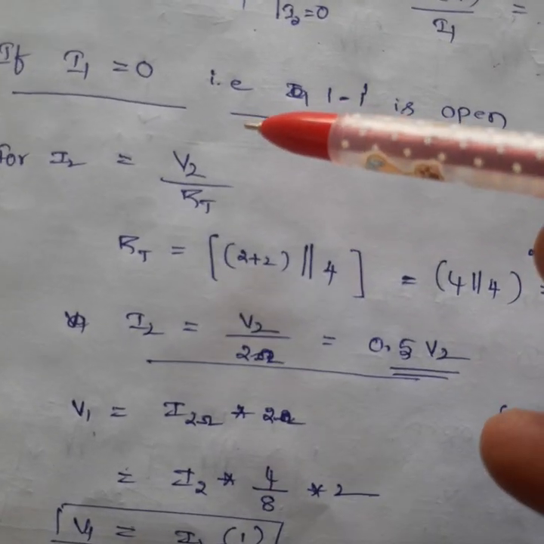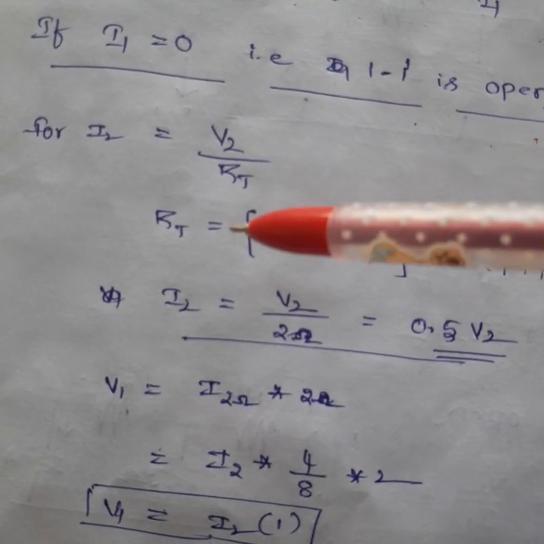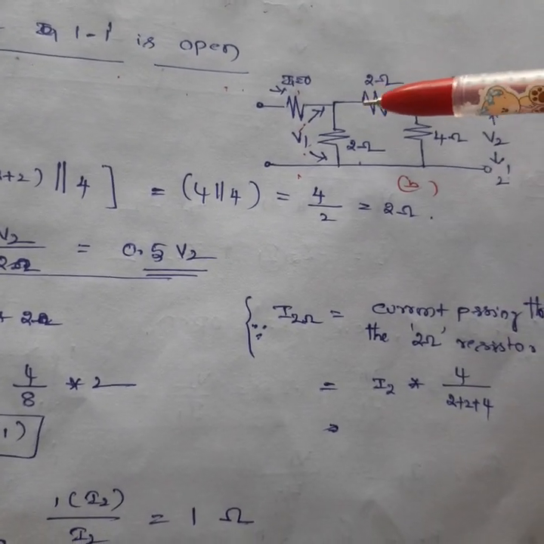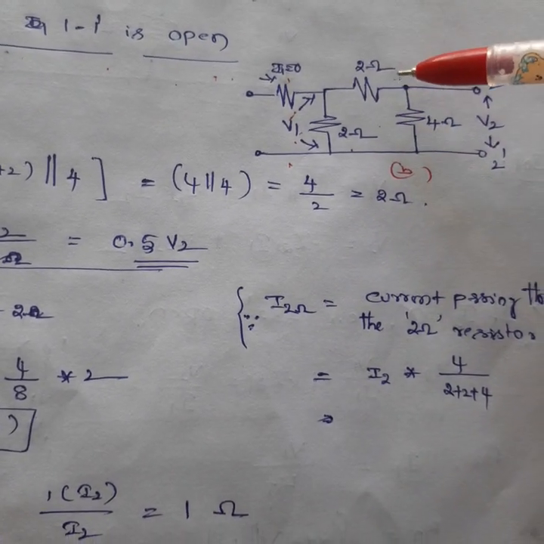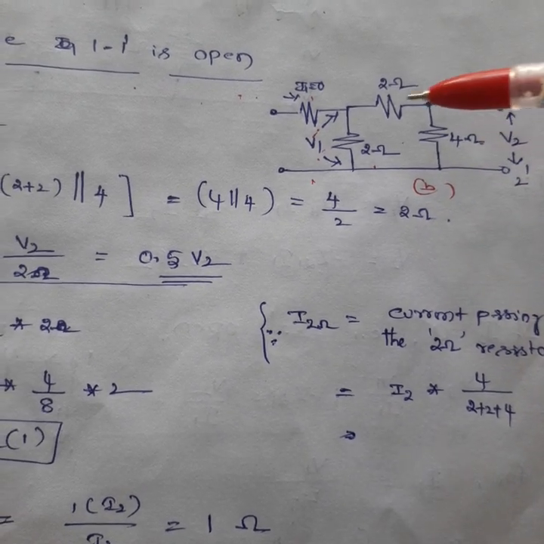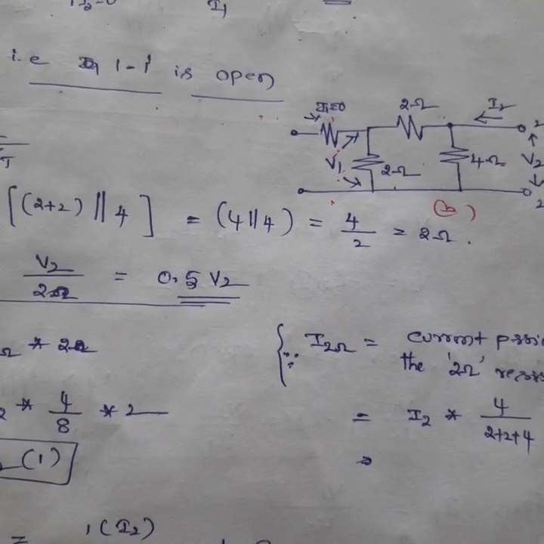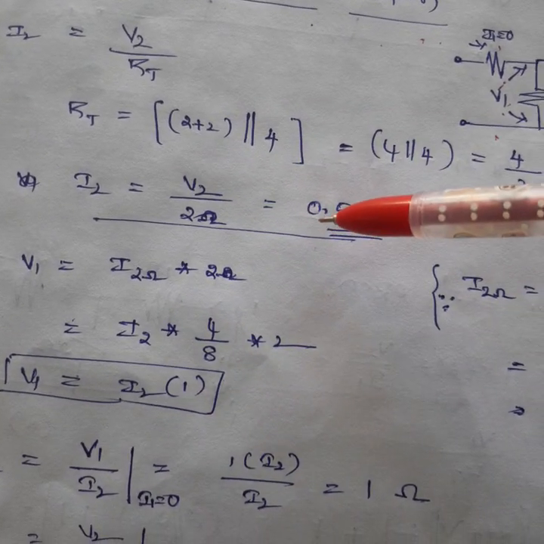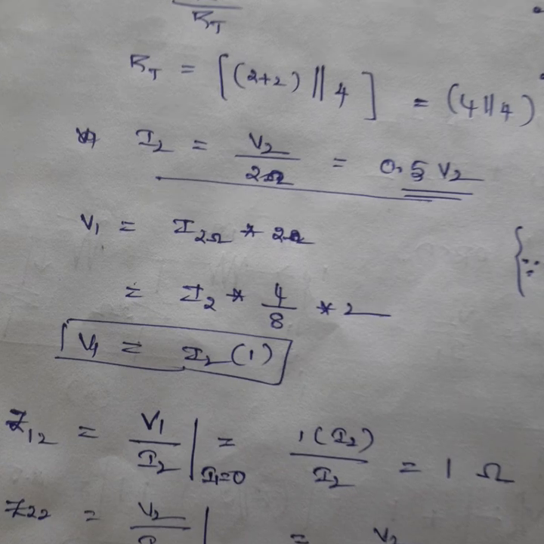I2 equals total voltage by total resistance. RT from figure B is 2 plus 2, then parallel to 4. So 4 parallel to 4 gives 2 ohms, and I2 equals V2 by 2, that is 0.5 V2.